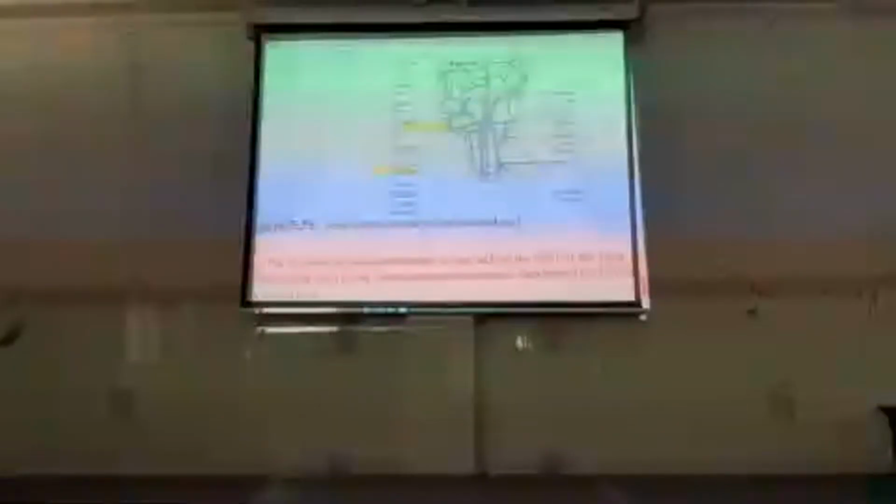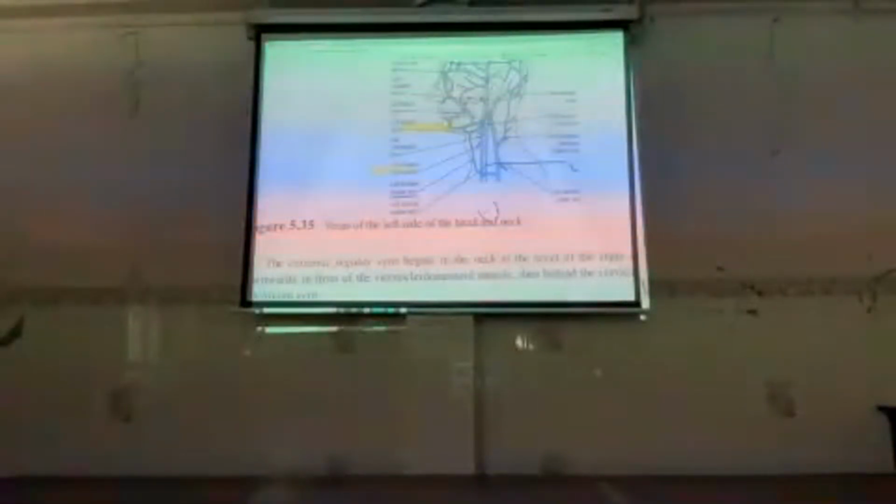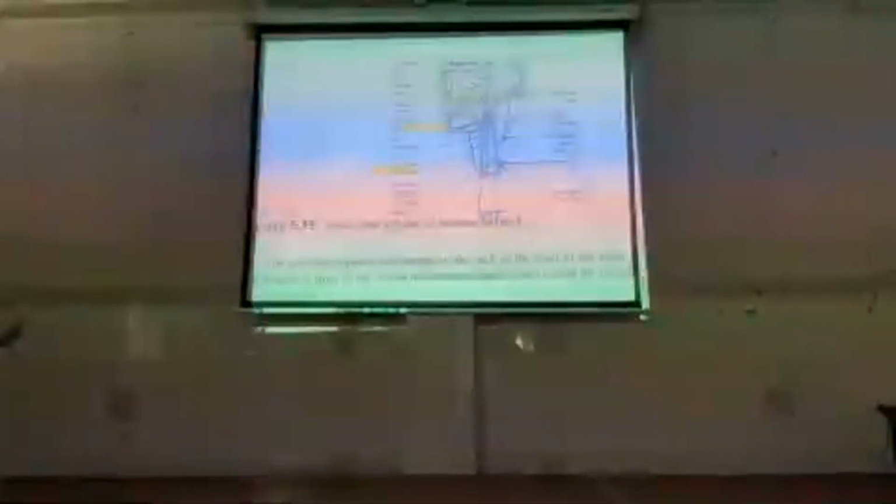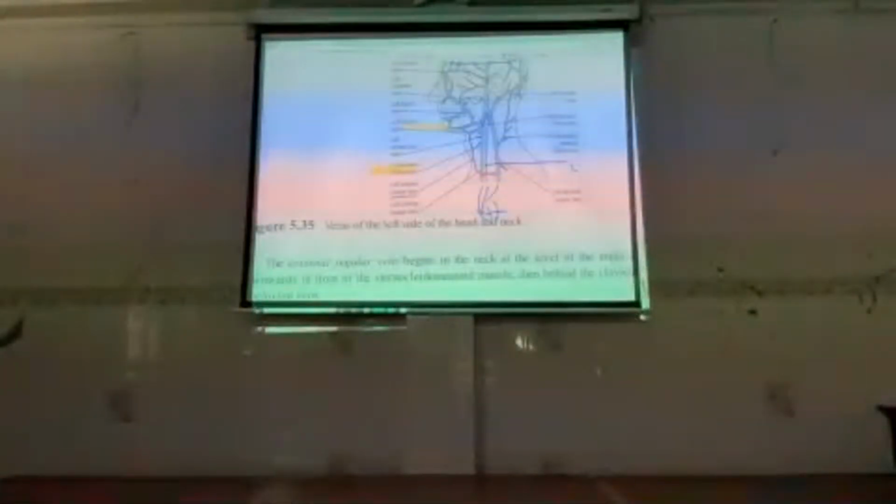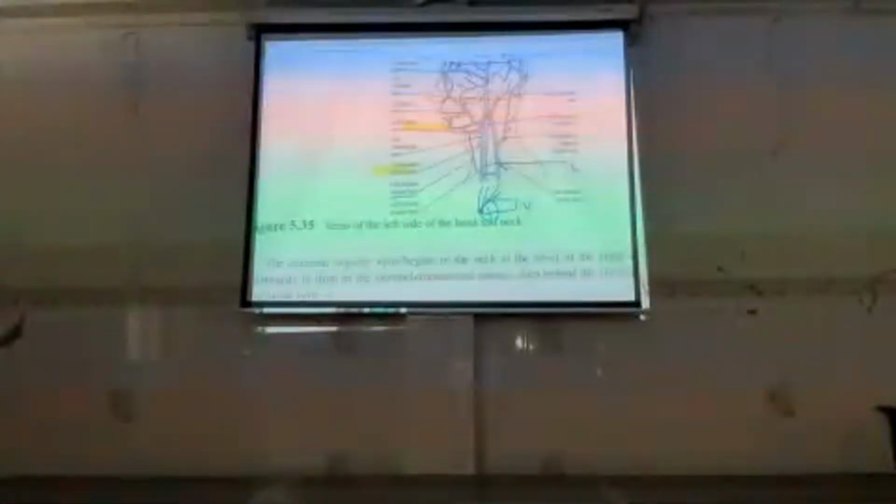Ultimately, if the heart is present over here, the jugular vein will open up into the right atrium. The right atrium is reached by the superior vena cava. So from the superior vena cava, we have the jugular vein.